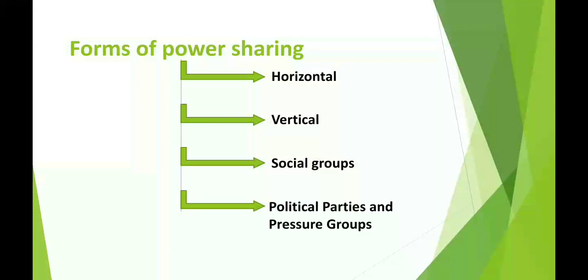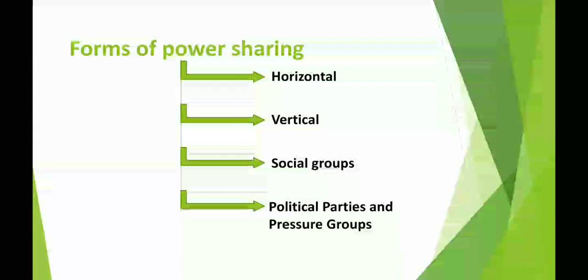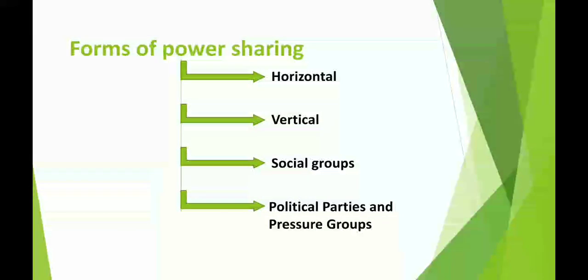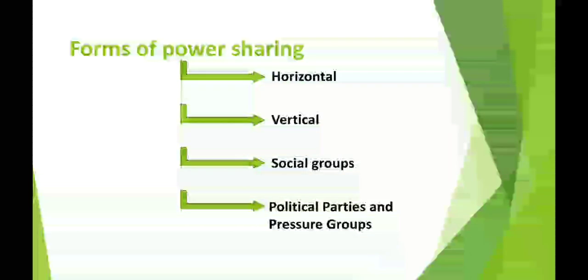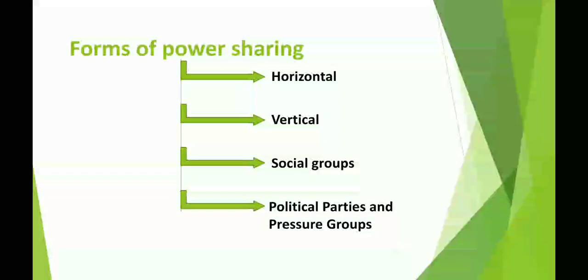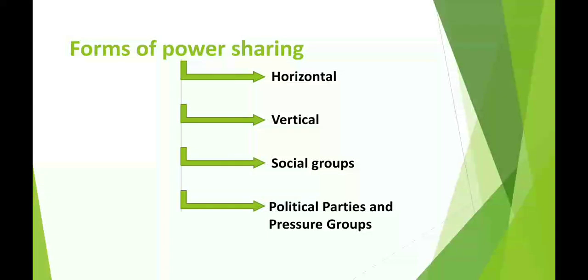Now, we come to the last form of power sharing, political parties and the pressure groups. Sometimes political parties and pressure groups can also make a power sharing system in the government of a nation. For example, often in a democratic country of multiple political parties, two or more parties contest elections and form an alliance if they are elected, and this form of government is known as the coalition government.